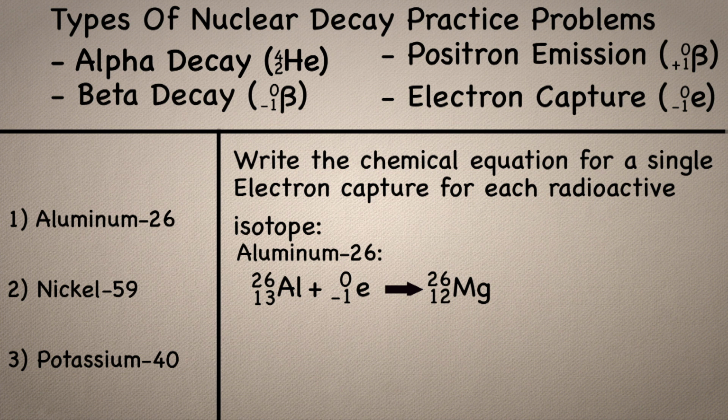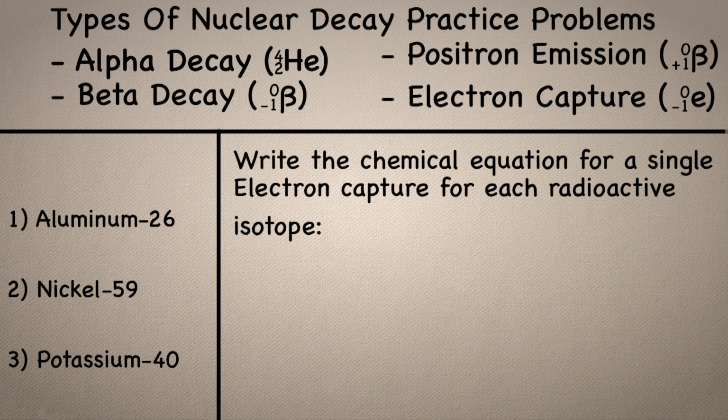If we read the full equation out, it should be 26, 13 aluminum plus 0, -1 electron yields 26, 12 magnesium. Okay, here comes another one, nickel 59. Nickel's atomic number is 28. So we take nickel 59, so 59, 28 nickel, plus our electron, 0, -1e.